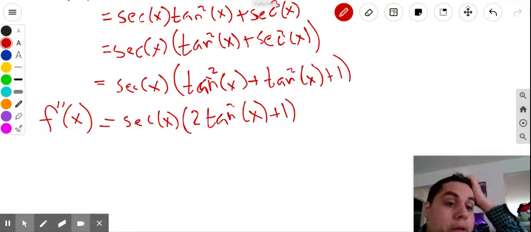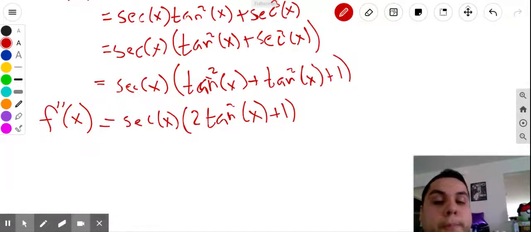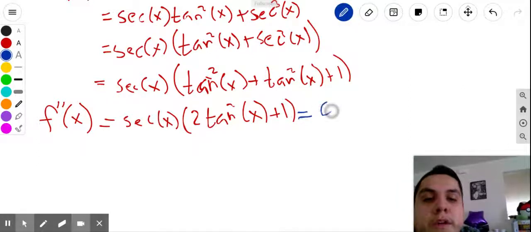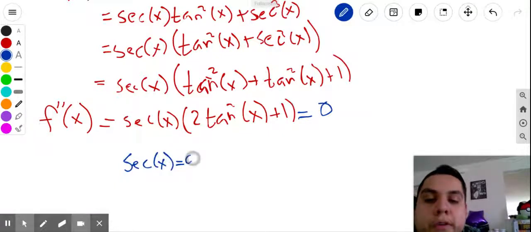So here's the situation. I need to figure out when this will equal 0 or when this will be undefined. So essentially, I'm trying to figure out where secant of x would equal 0 or be undefined.